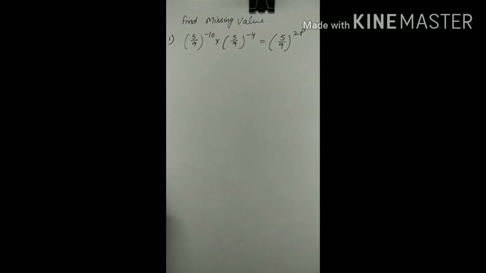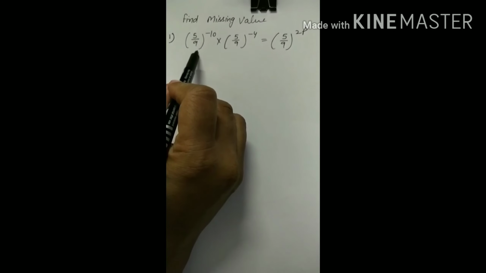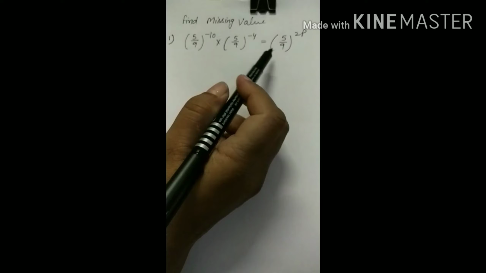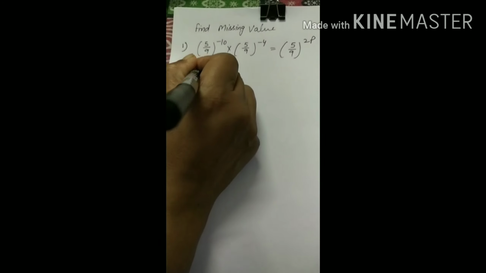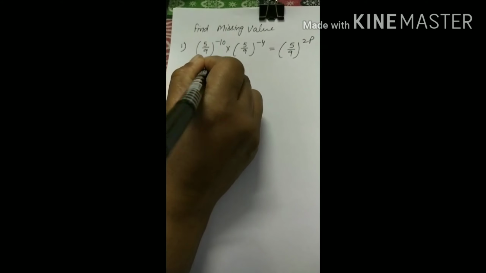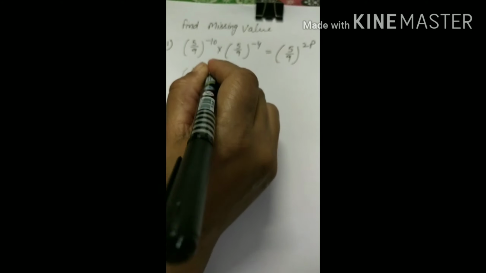Okay. Our next topic is finding the missing value. In this, firstly you will see that both sides have the same base. So firstly we will solve the left hand side. In this there is a multiply sign, so it means we will add the powers.